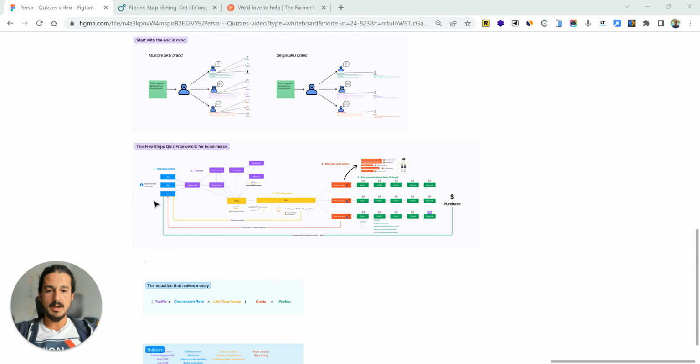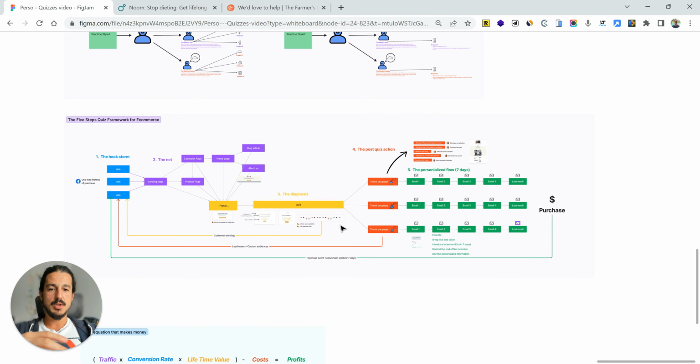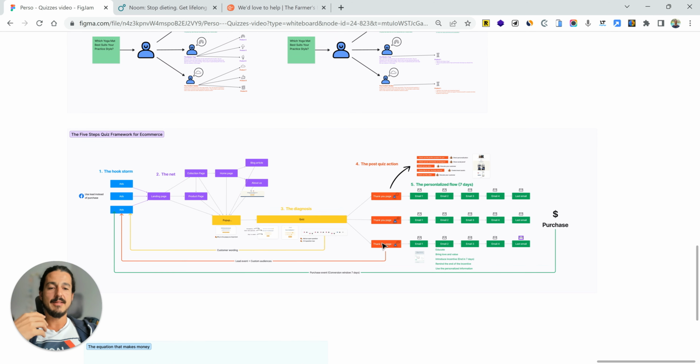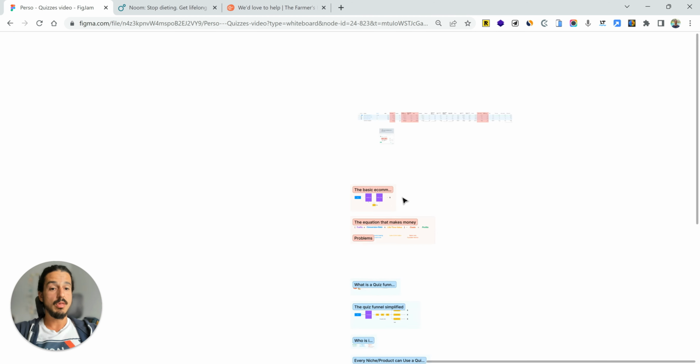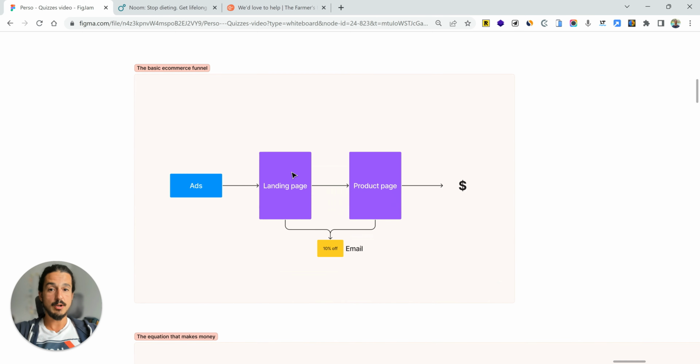Okay, now that you know a little bit more about the experience from the customer perspective, you probably understand how the customer would feel, and that at the end of the day they are more likely to make a purchase than if it's a normal e-commerce funnel, right?